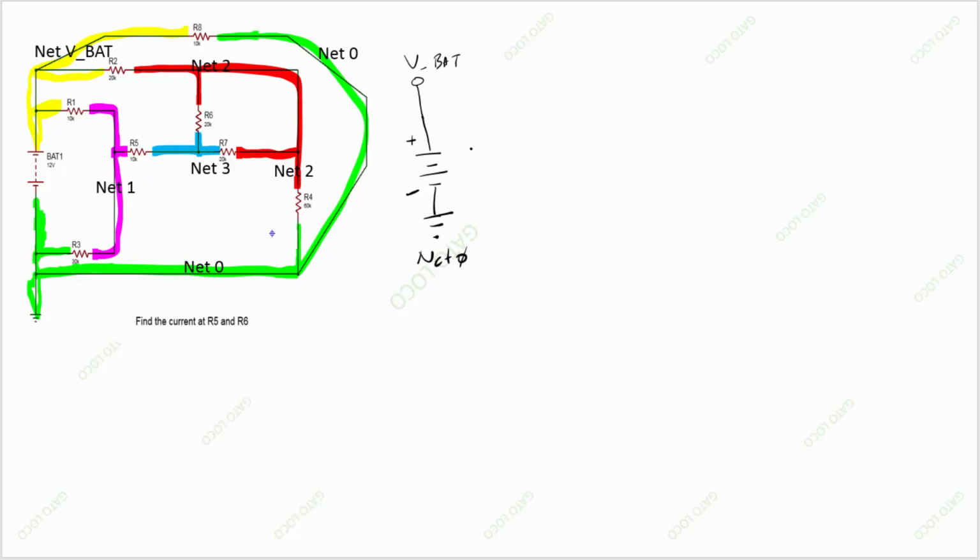What we're going to do here is isolate the components that attach to ground. So let's see which components attach to ground. The first component here is R3. I'm going to draw my ground here, and this is R3. R3 connects to ground.